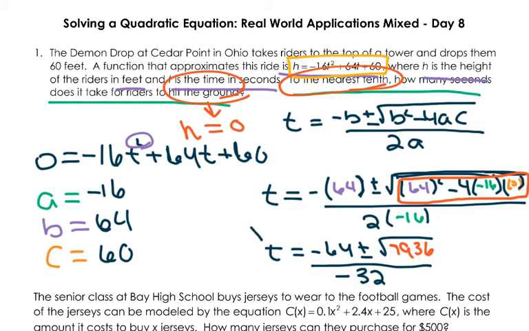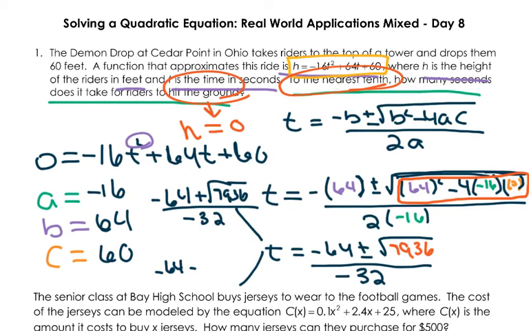I would have negative 64 plus radical 7936 all over negative 32. And I would also have negative 64 minus radical 7936 all over negative 32.